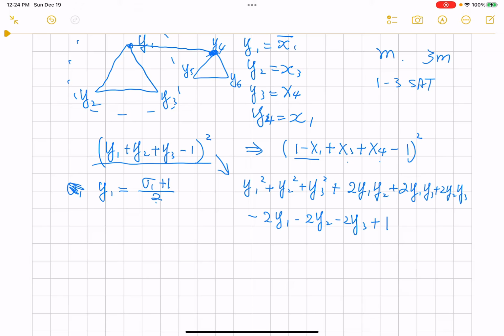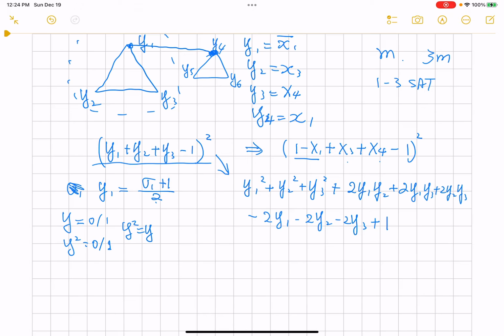Okay, so remember this is bit representation. So y is either 0 or 1. And y squared is also 0 and 1, which means y squared equals y, okay, in bit formulation. So this is a good thing. Why?